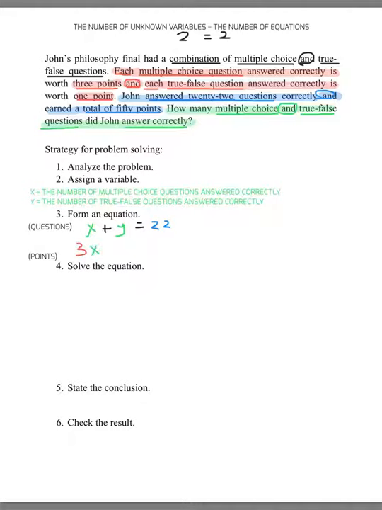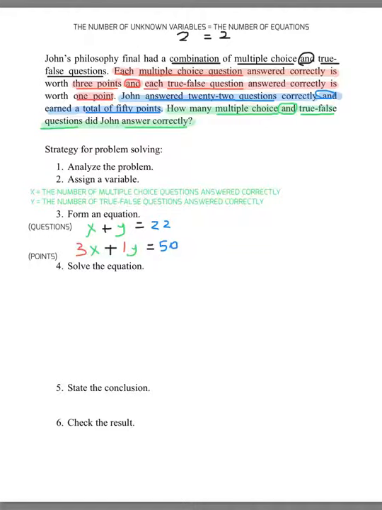That's the number of points we get from the multiple choice questions answered correctly. We add to that the point value of the true-false questions, which is 1, multiplied by the number of true-false questions answered correctly, which is y, and that's equal to the total points he earned, which is 50.